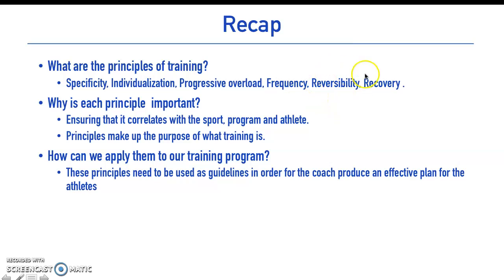We're talking about reversibility. Remember, when we stop training, we go into a detraining state, and then we need to be able to reverse that. And then of course we have our recovery. Now, why is each principle important? We need to ensure that it all correlates with the sport, the program, and the athlete. The principles are what make up training.